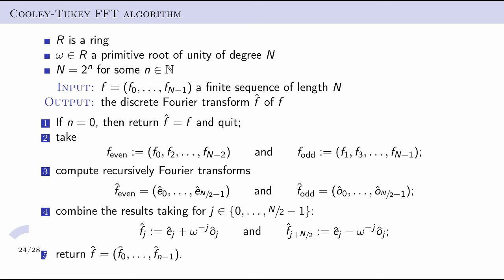In any other case, we split this input sequence into two sequences of half of the length. Here the assumption that n is a power of 2 pays off, because this way we can always split it in half. If the length is a power of 2, we are sure that we will be able to split it in half. But how do we do the splitting?